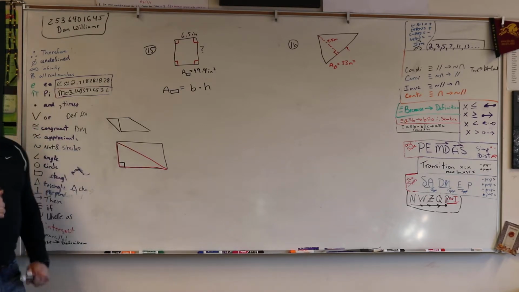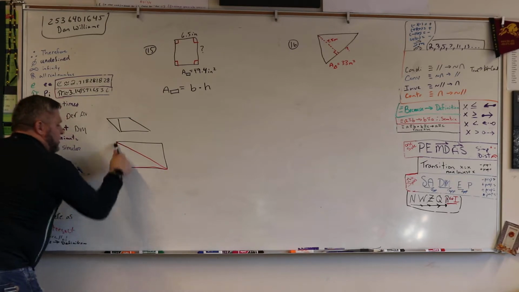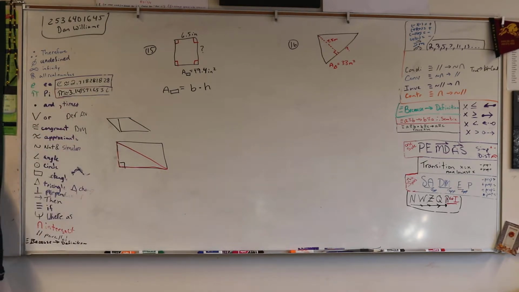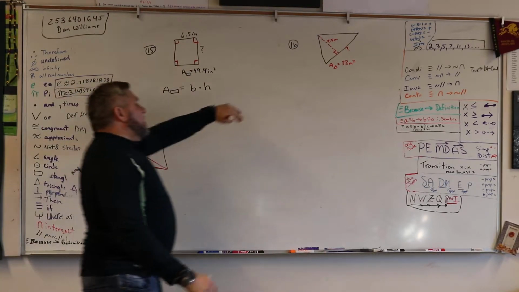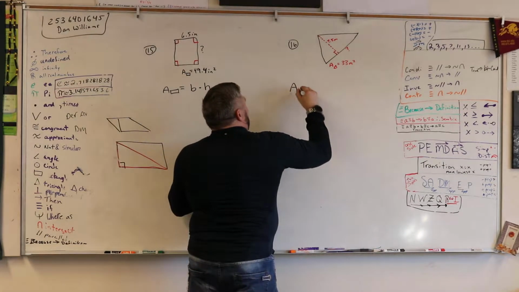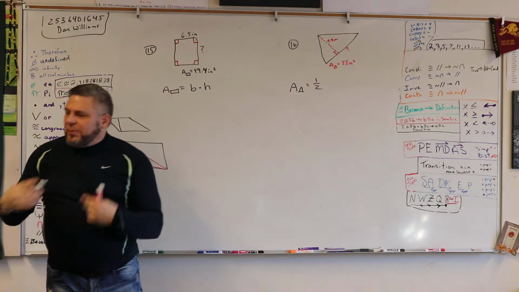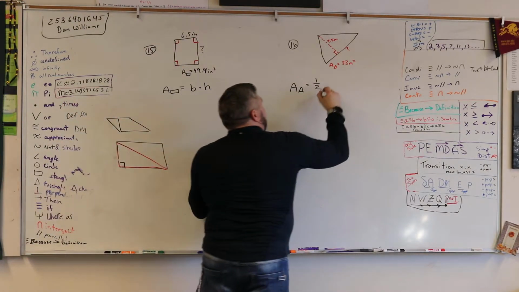The reason why I'm going with base times height is because what's half of a rectangle? A triangle, right? And so when we teach triangles, we teach that the area of a triangle is equal to 1/2 the base times the height, right?